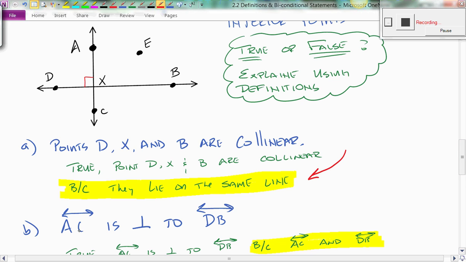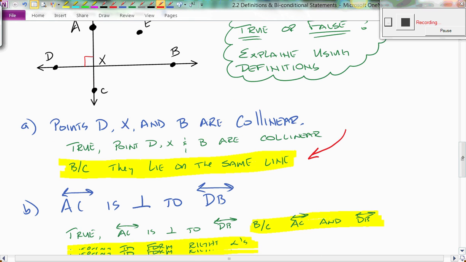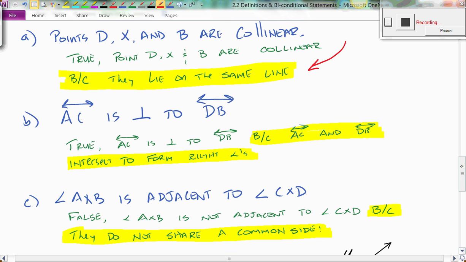Then we did B, which was line AC is perpendicular to line BD, and this is also true because line AC and line BD intersect to form a right angle, as it says right up there. However, C, angle AXB is adjacent to angle CDX.